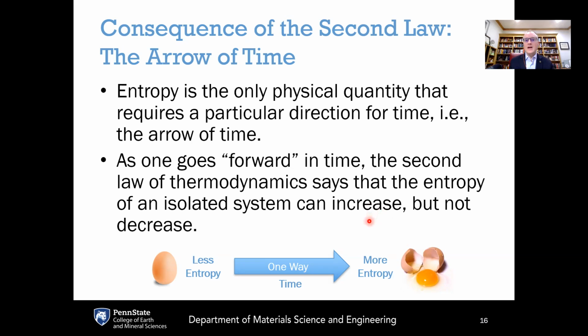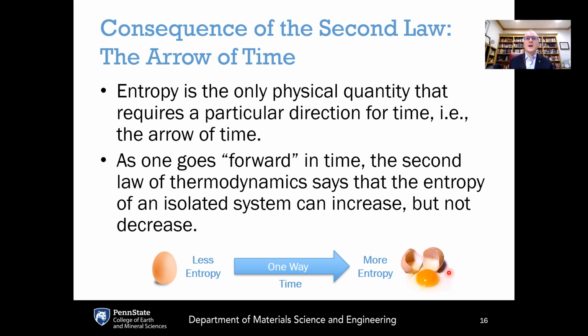And the reason for that is that it's overwhelmingly probable to move from a macrostate that has a very few number of possibilities, a very few number of microstates, towards a macrostate that has a much greater number of possibilities. And this is why the second law of thermodynamics is valid.